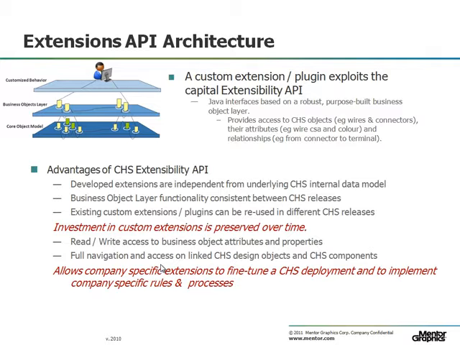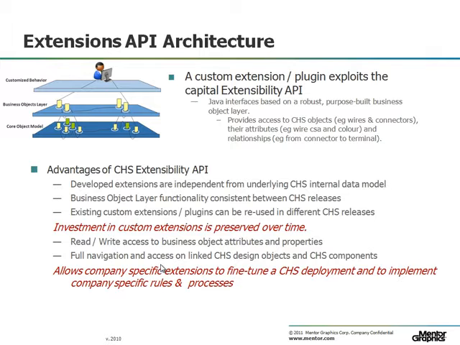Advantages of the CHS Extensibility API. Developed extensions are independent from underlying CHS internal data model. The business object layer functionality is consistent between CHS releases, meaning that existing custom extensions and plugins can be reused in different CHS releases, meaning any investment you make in custom extensions is preserved over time.